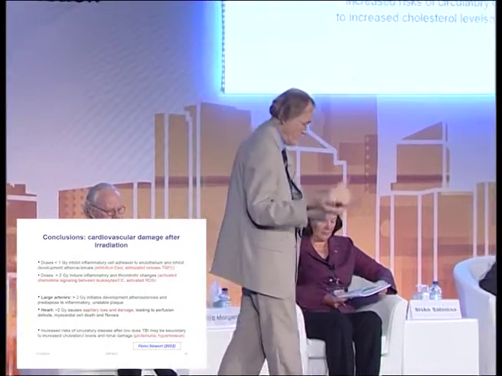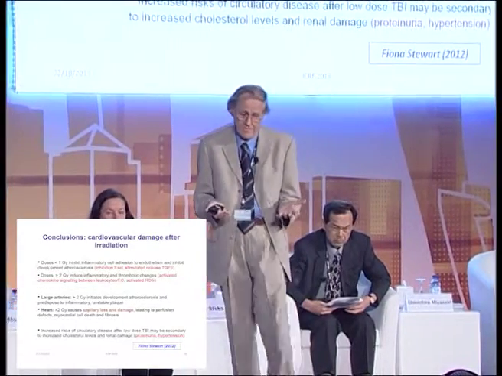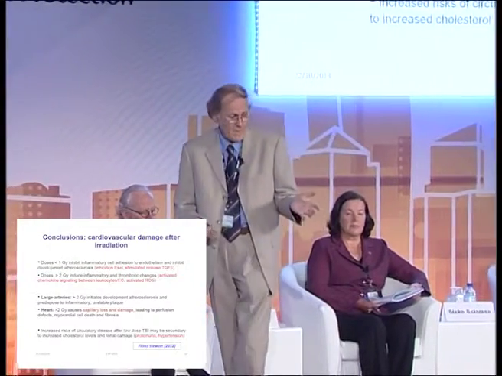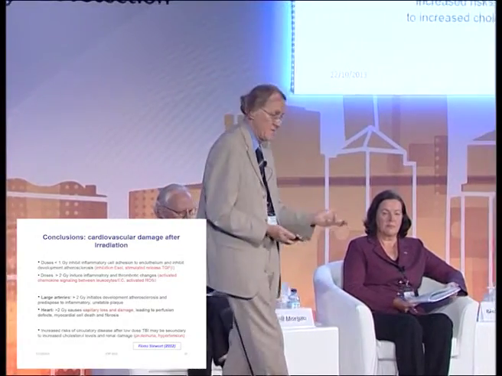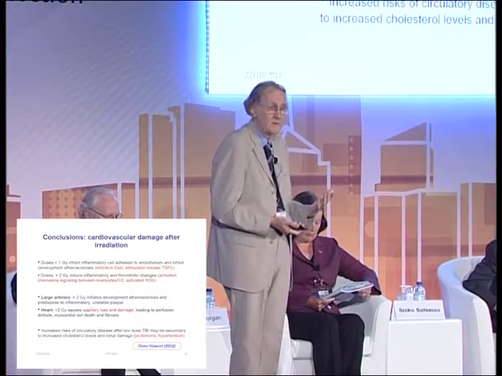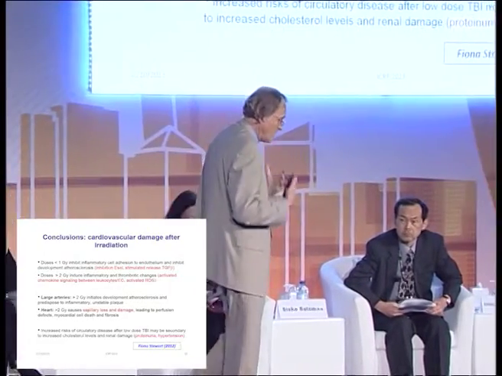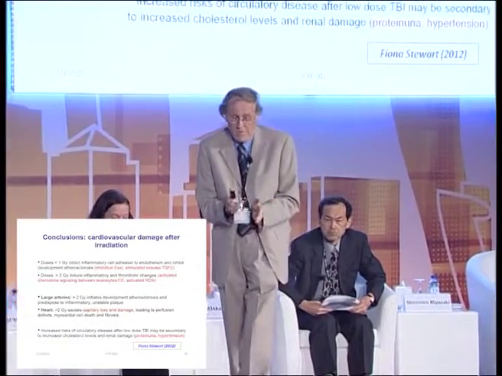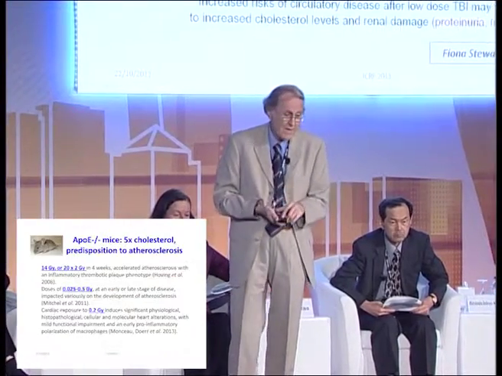Now, also, from experimental evidence, it's obvious now, I think, that the effects at low dose may be different from the effects at high dose, and also the effects are different in different vascular components. And if you irradiate a whole body rather than local irradiation on the heart, you also have extra effects appearing.